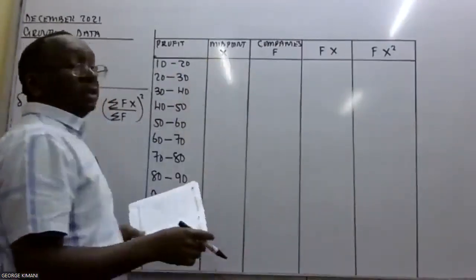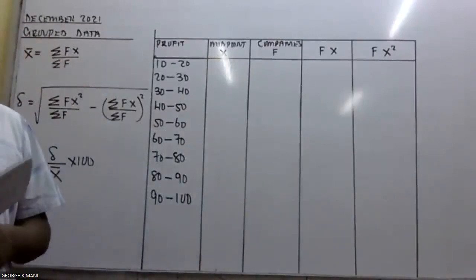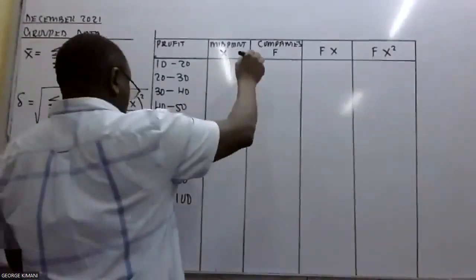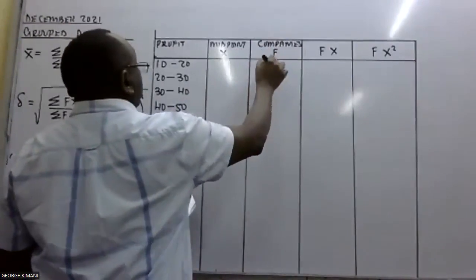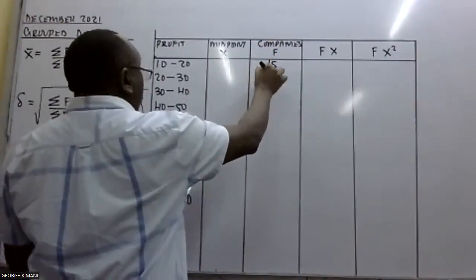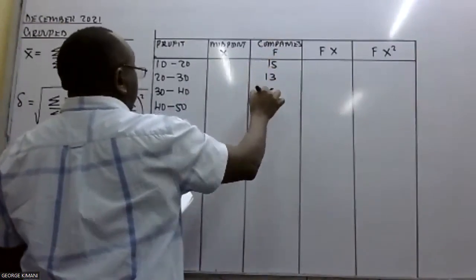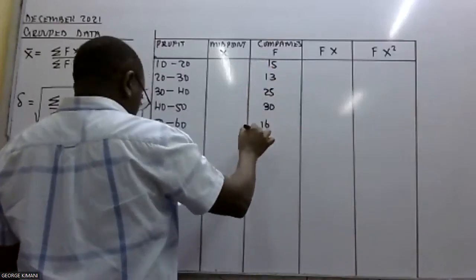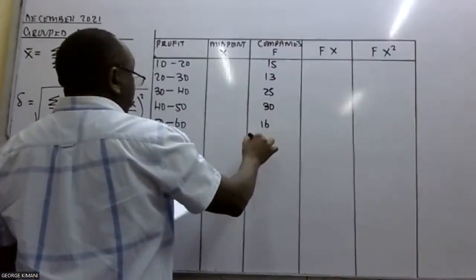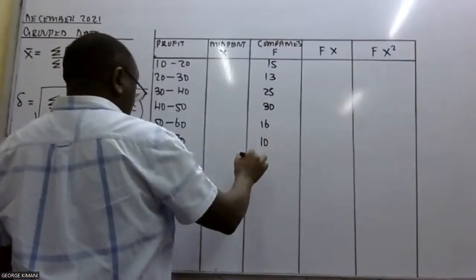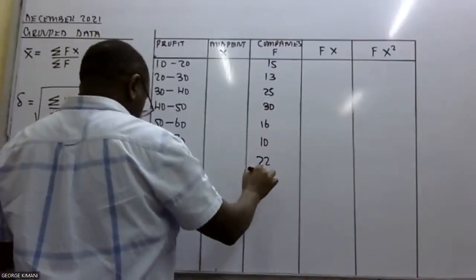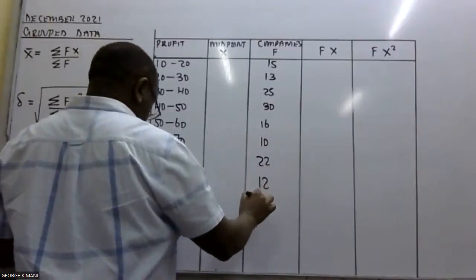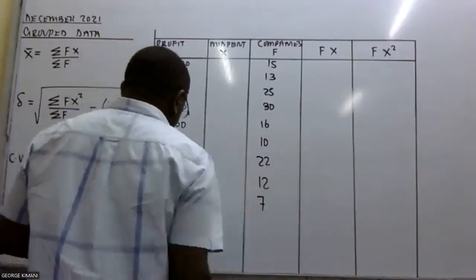So the midpoint, you remember maybe I record the companies first, that is 15, 13, 25, 30, 16, 10, 22, 12, and 7.